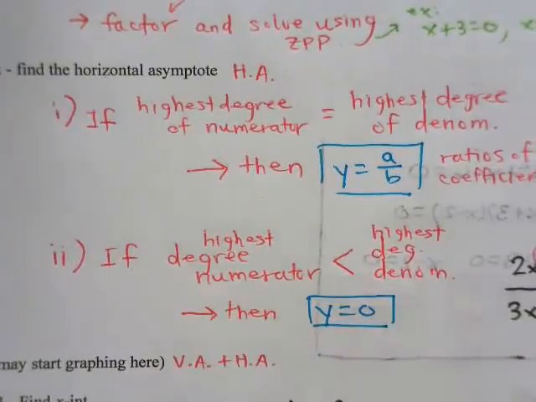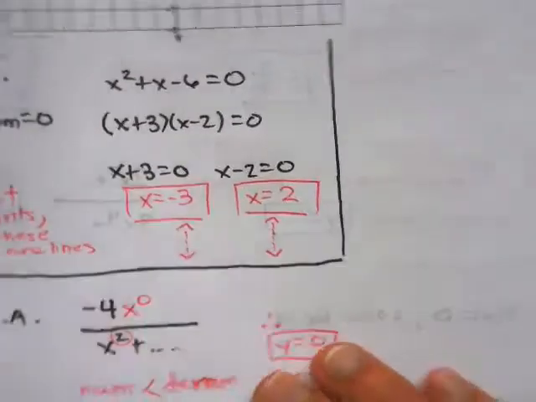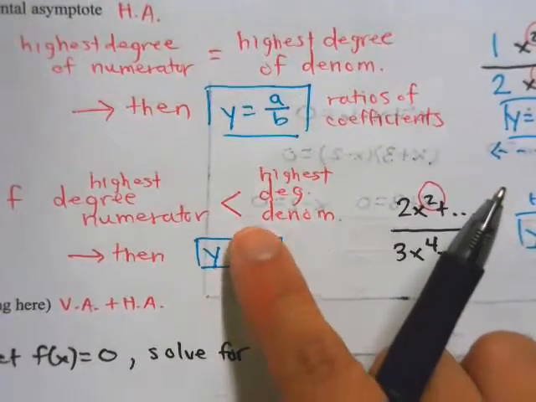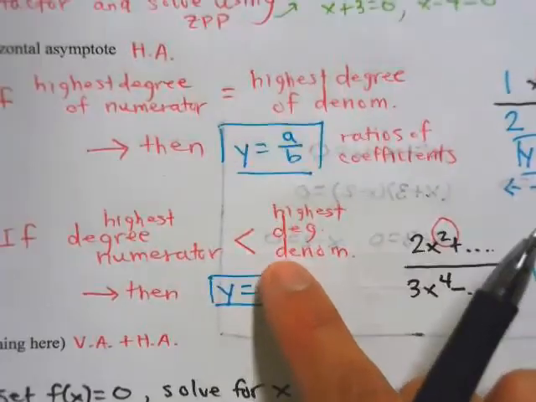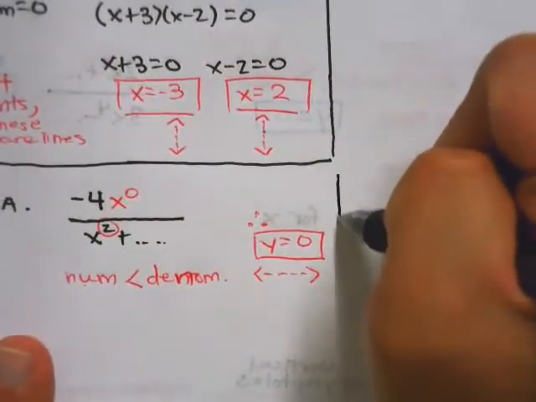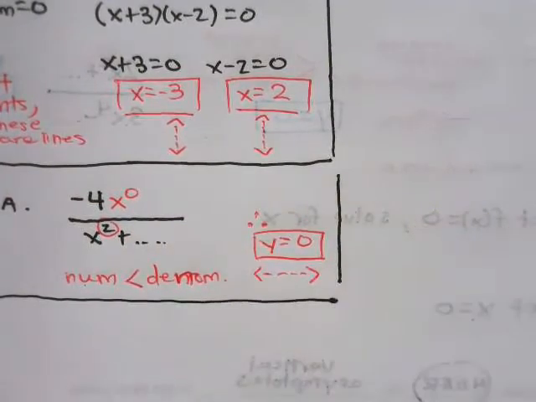That will be the third case when we get into the next notes. But for right now, on these problems, I'm only going to make it so that either the numerator is equal to or less than the degree of the denominator. There will be a case when it's greater than, but not right now. Anyway, it is less than, and so we're going to go y is equal to 0.